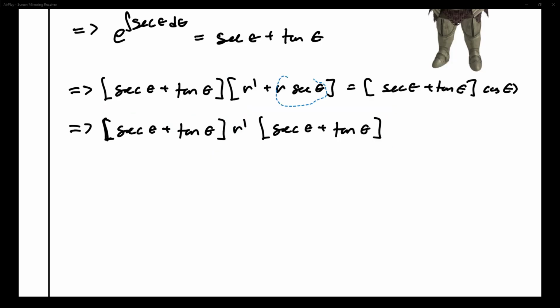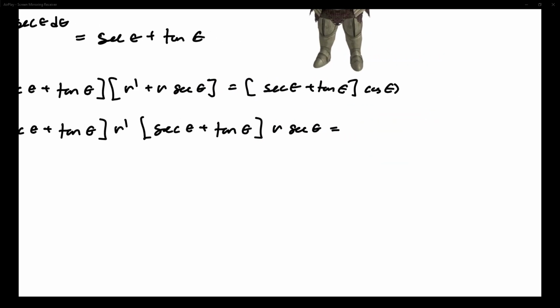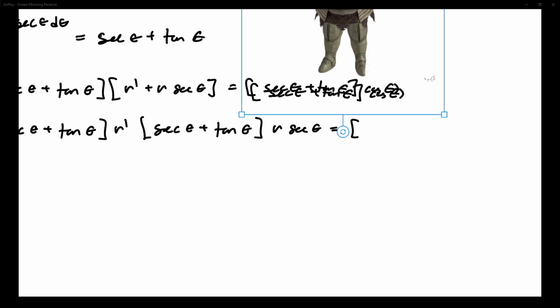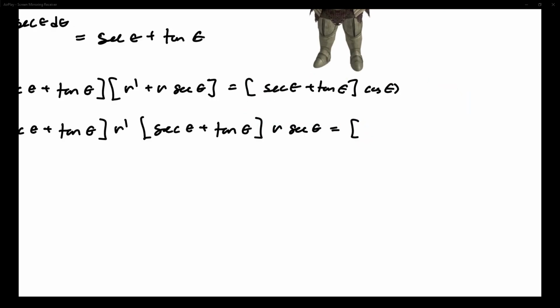Times r secant theta equals, let's leave that like this for now. Well, let me just distribute this really quick. Cosine times secant turns into 1. Secant times cosine times tangent: tangent is sine over cosine, so you're just going to get sine.